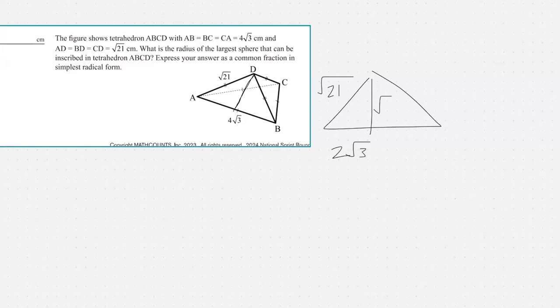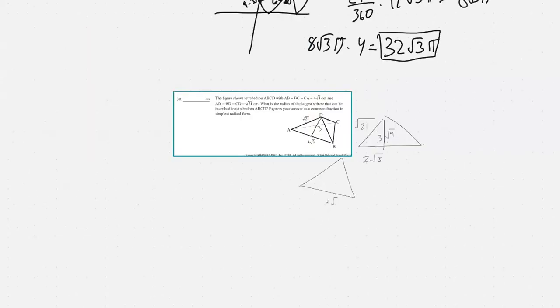We have the base is ABC, and this is 4 root 3. And so the height is 2 root 3 times root 3, which is equal to 6. So the center is in the middle of ABC because everything's symmetric. At middle, I mean centroid, but same thing.